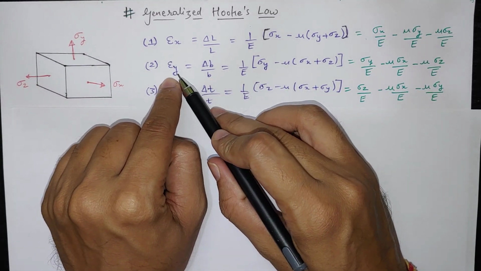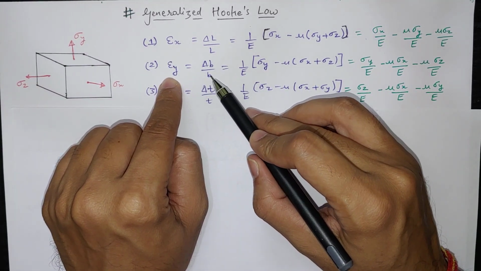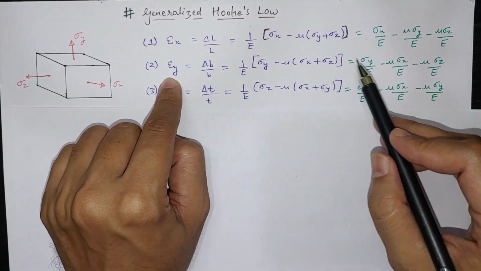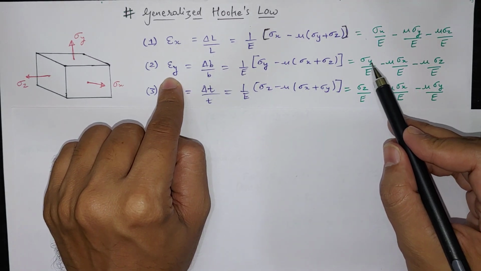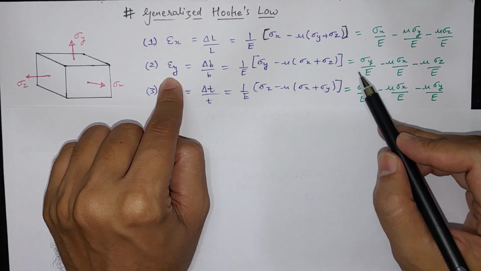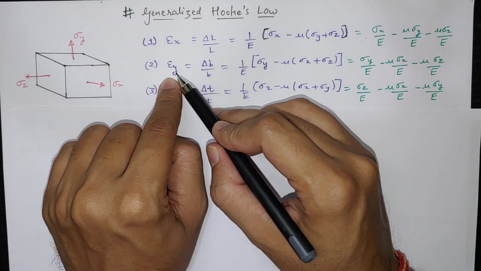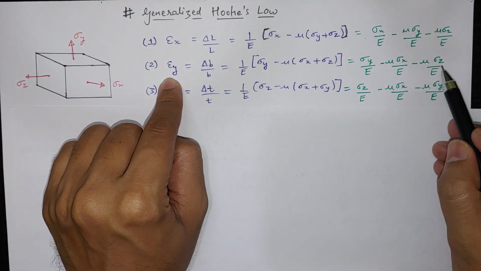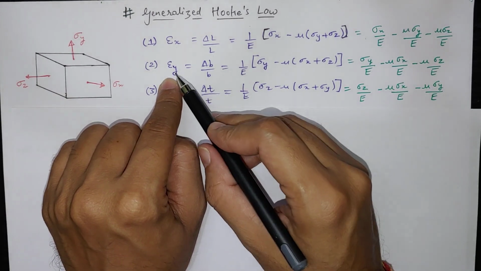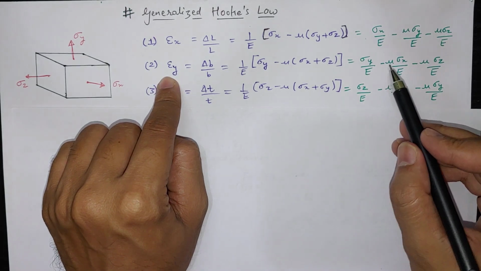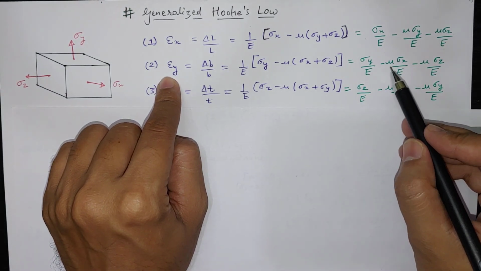Similarly for y direction, change in breadth upon breadth means change in length in y direction. We are giving sigma y in y direction, so this is trying to increase the strain, but these two, sigma x and sigma z, are trying to decrease this epsilon y, but it is times the Poisson ratio.